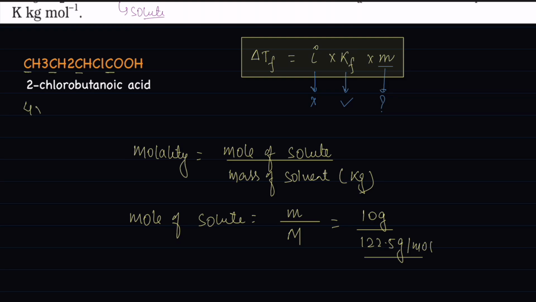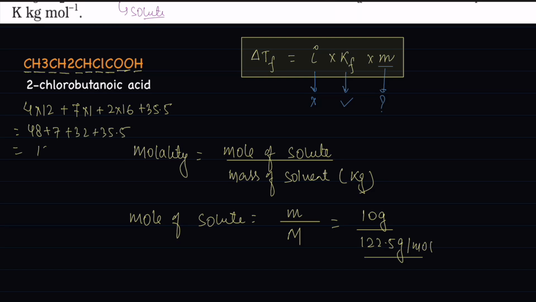So 4 into 12 plus how many hydrogen? 3, 2, 5, 6, 7. So 7 into 1 plus oxygen is 2. So 2 into 16 and 1 chlorine. Chlorine is 35.5. So based on this, we can write it as 48 plus 7 plus 32 plus 35.5.